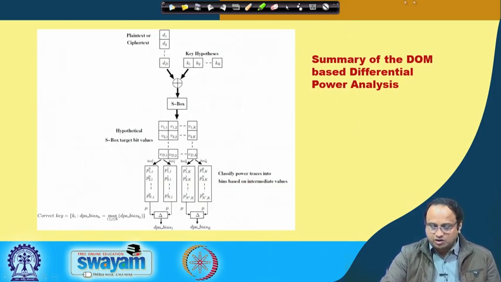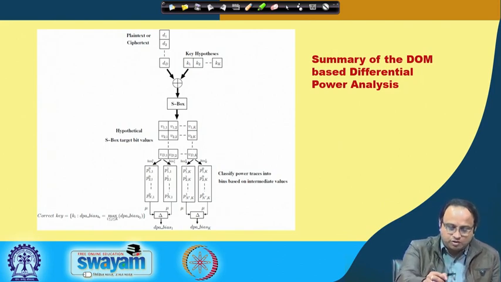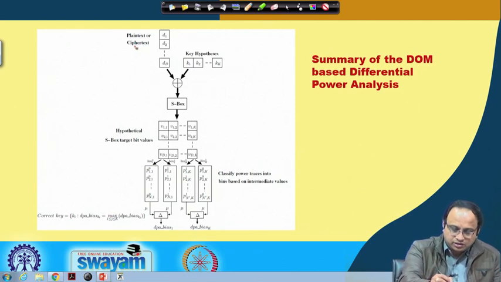So here is a summary of what we have already studied, in a more systematic fashion. In a more generic fashion, if you understand this, then you can virtually implement it on any block cipher or any algorithm for that matter. Here we note the various plain texts or cipher texts.